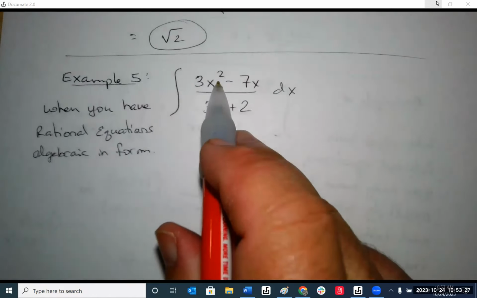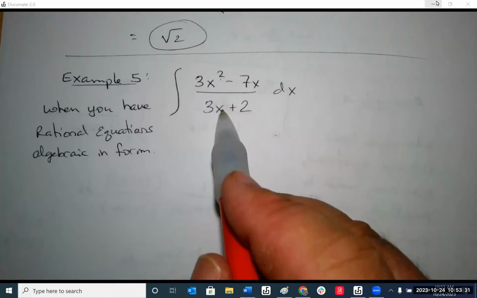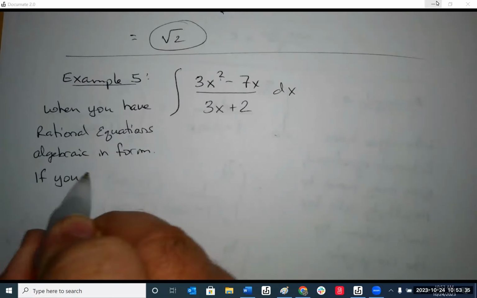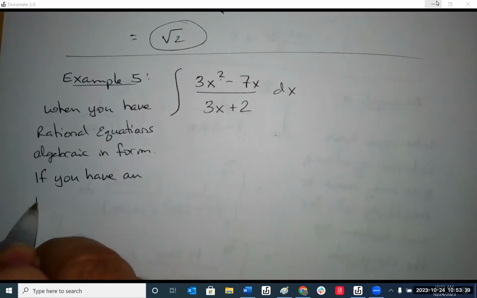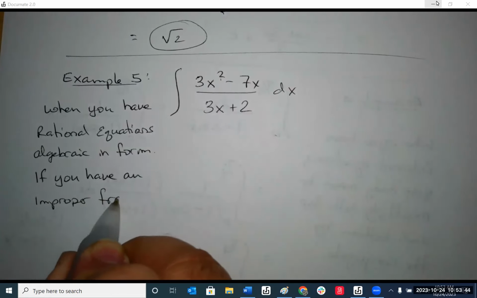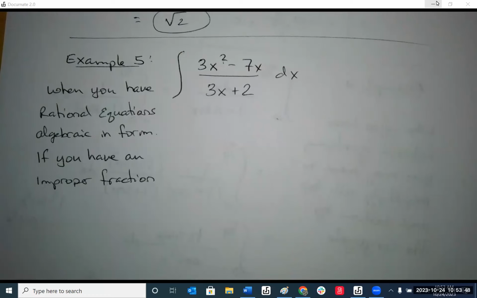In this case, since the exponent on top is bigger than bottom, you have an improper fraction. Why is this an improper fraction? Because the numerator is bigger than the bottom.